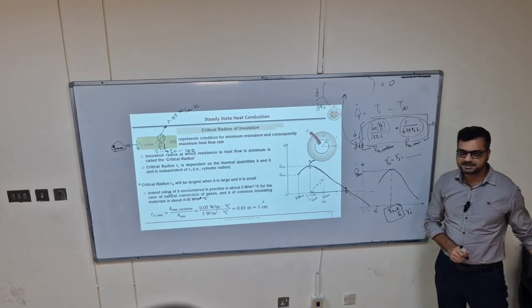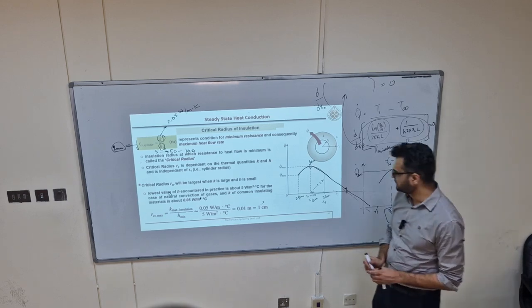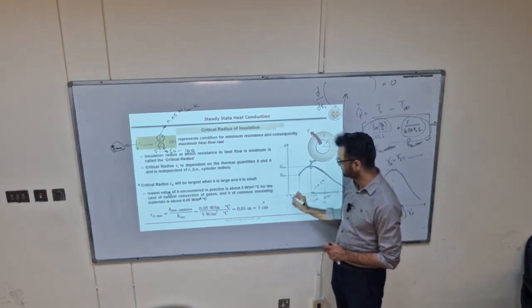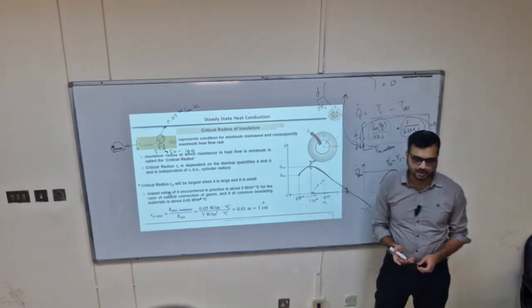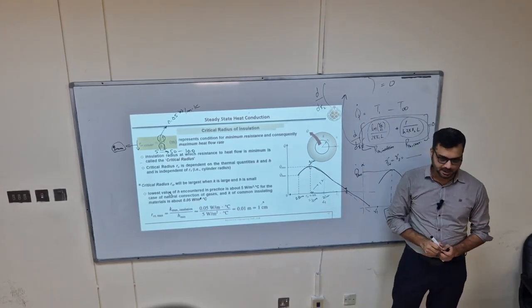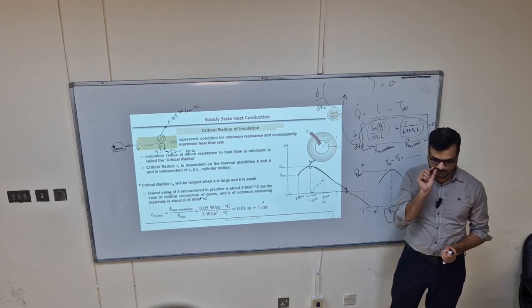So in these electric wires, the radius is very small. Now R1 is here, 1 mm, 2 mm. By adding insulation here, and as electric current flows, heat is produced in this wire.